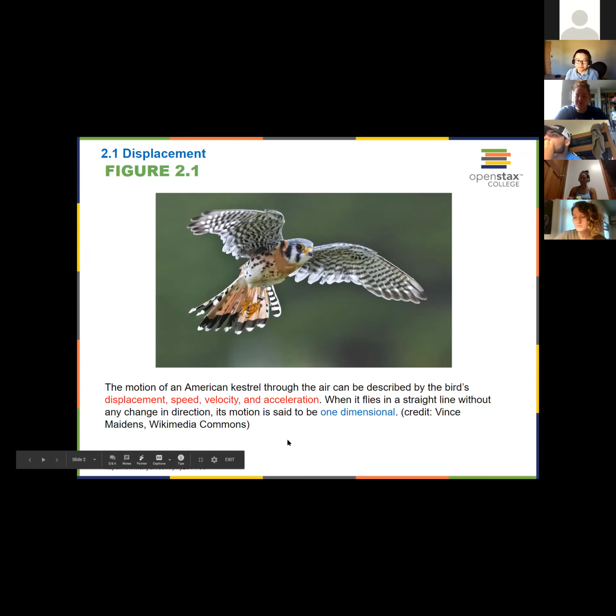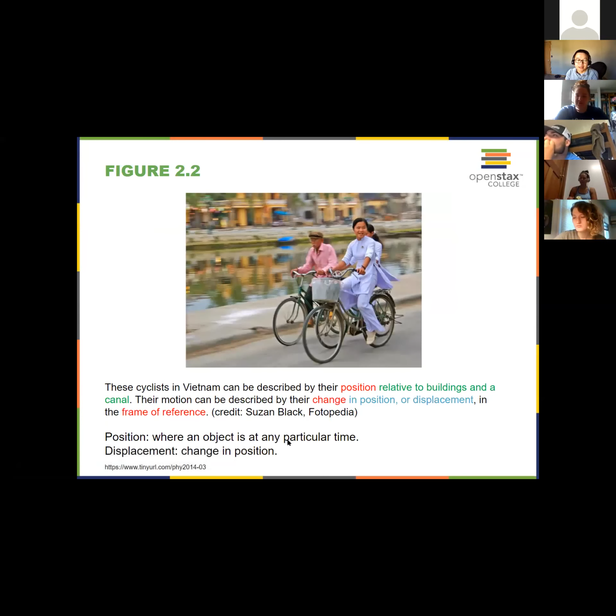All right. To describe quantities or to use any quantities, we first have to have a reference point, okay? You can use different reference points, it's up to you. But the first thing you want to describe about an object is its position, okay?